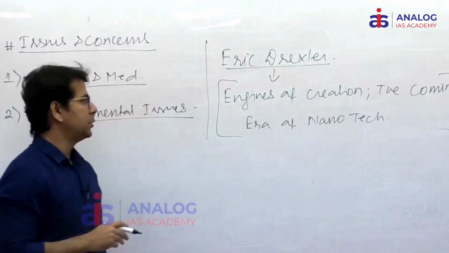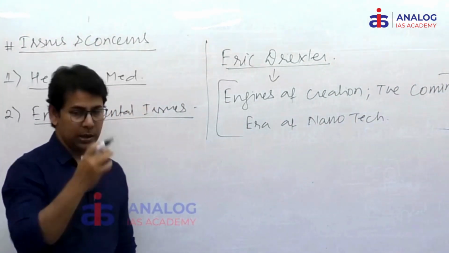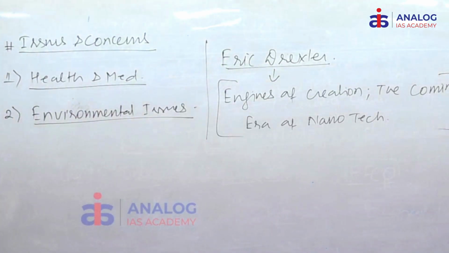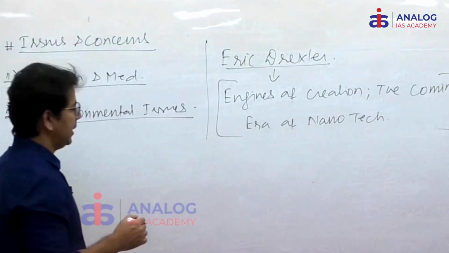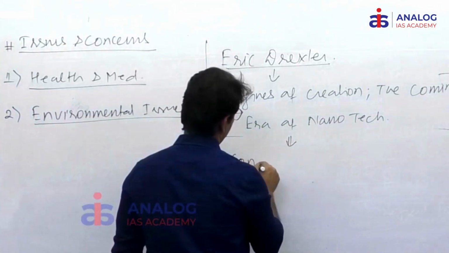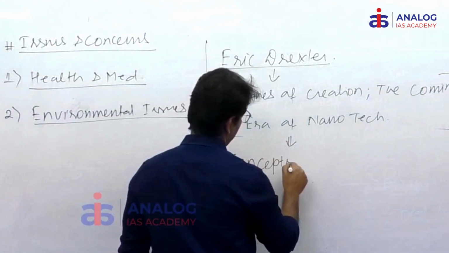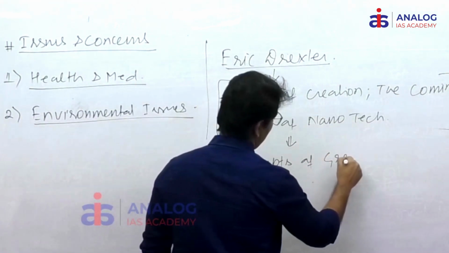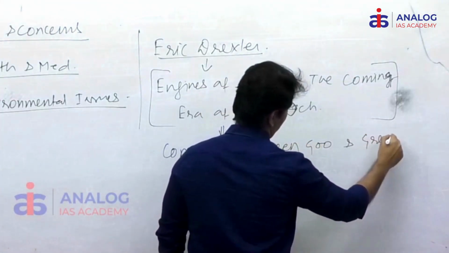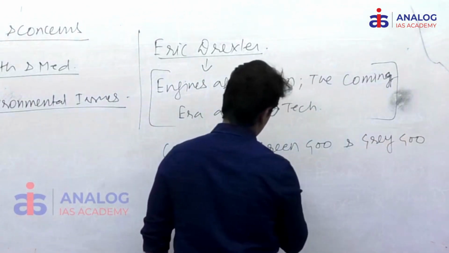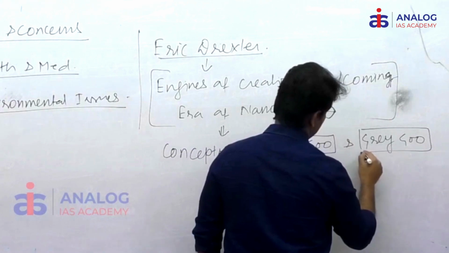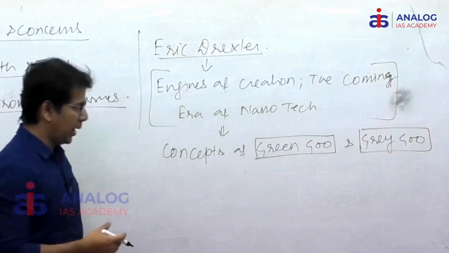Right? So in this book, Engines of Creation: The Coming Era of Nanotechnology, he has given the concepts of green goo and grey goo. Now, goo means toxin, and he has given the concept of both.